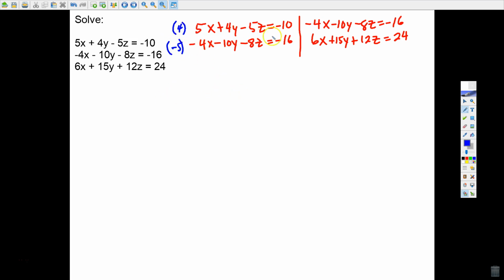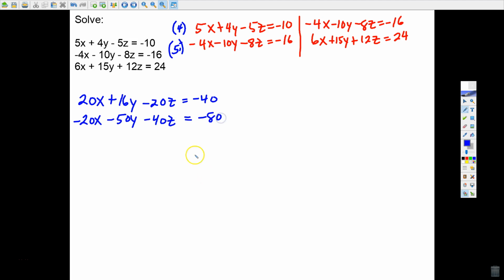Across the top, multiplying by 4, we have 20x plus 16y minus 20z is equal to -40. And I'll just do positive, we'll set up opposites. You could do -5 and then subtract. Either way will work, but most people like to set up addition. So 5 times -4 is -20x minus 50y minus 40z, and that's -80.